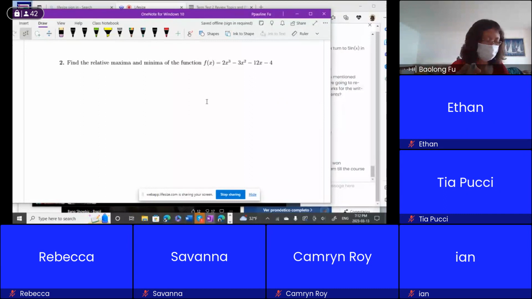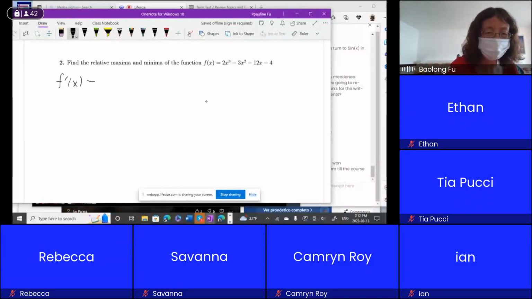So this kind of question, the very first step, you find the critical values. To find the critical values, you need to find the derivative of f of x. What is the derivative of f of x?